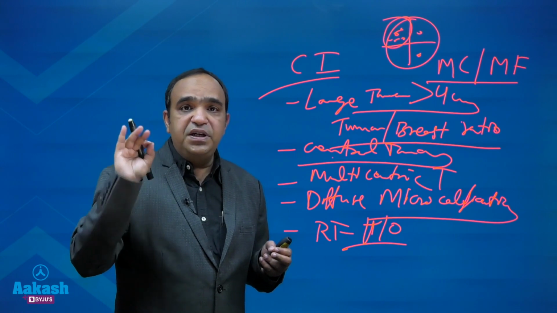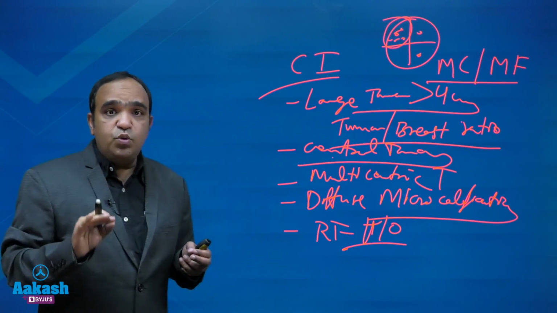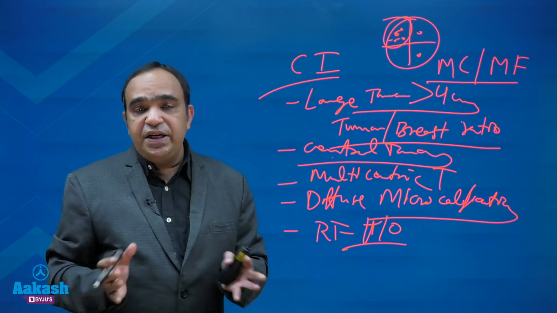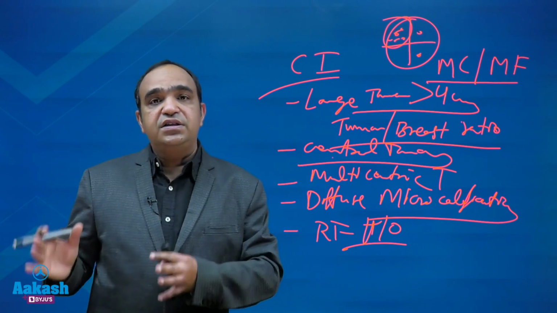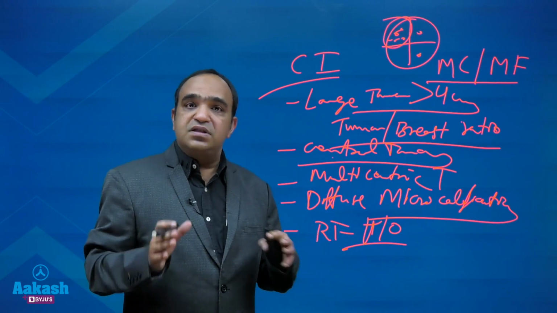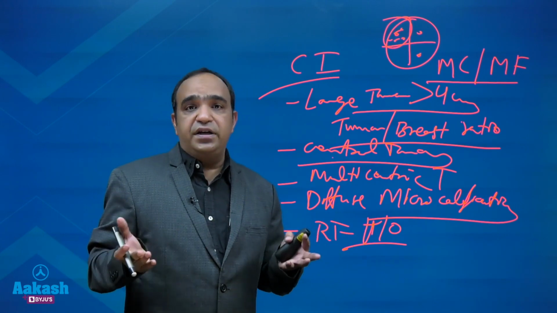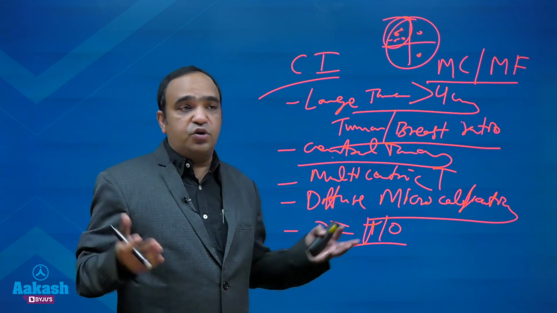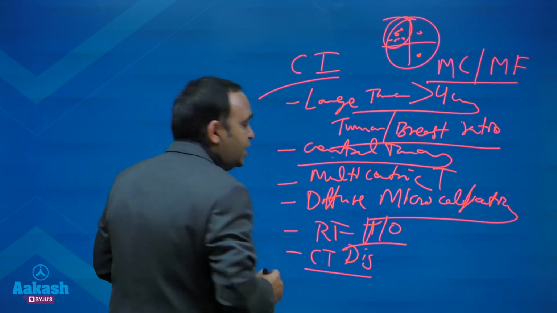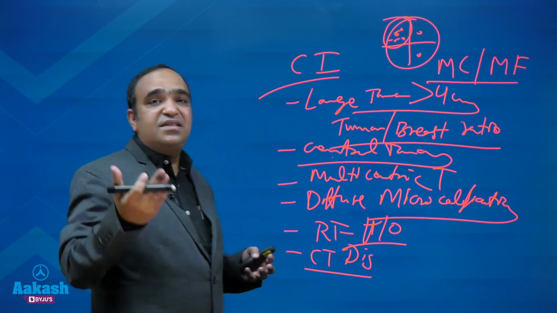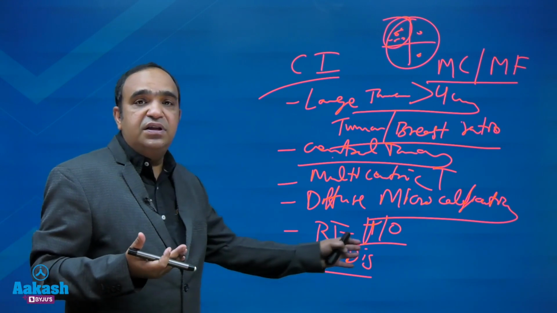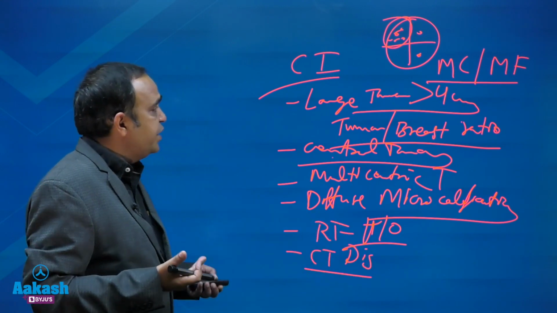That is why any contraindication of radiotherapy automatically becomes a contraindication for BCS as well. With previous chest wall radiation, surgery can be performed, but radiotherapy should not be given because of toxicity. Again, patients with connective tissue disorders like scleroderma have increased sensitivity to radiotherapy, right? So they should be avoided for radiotherapy.